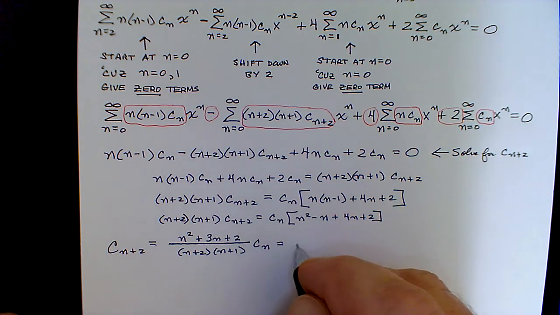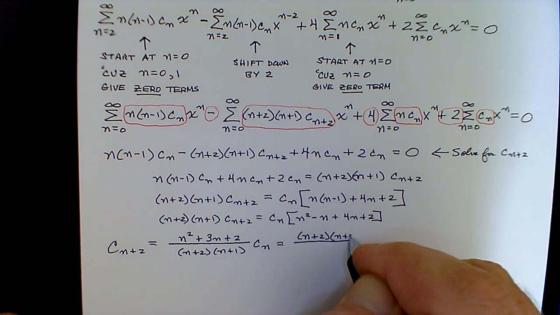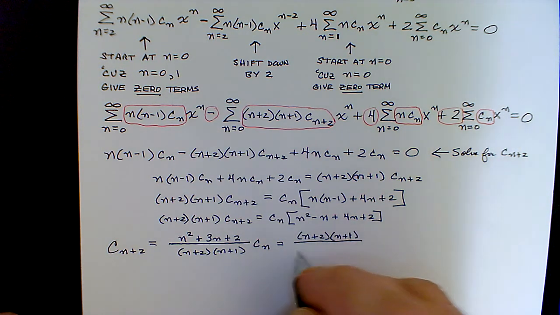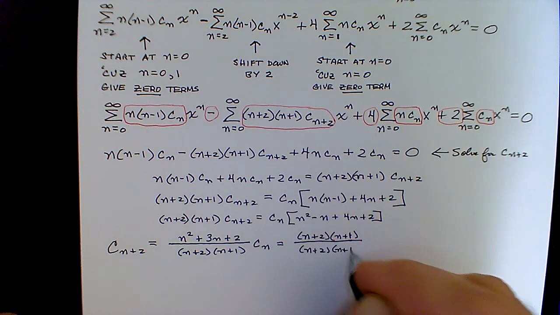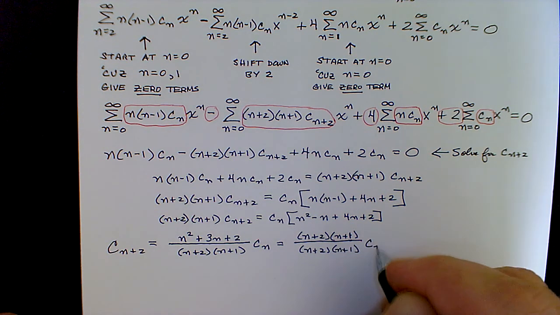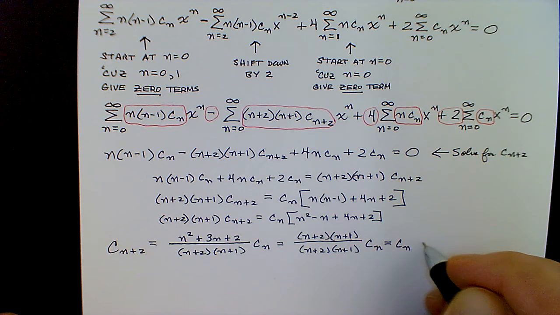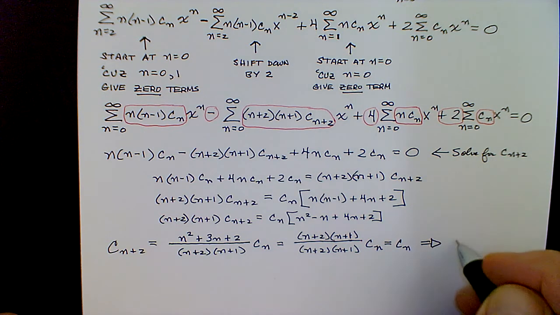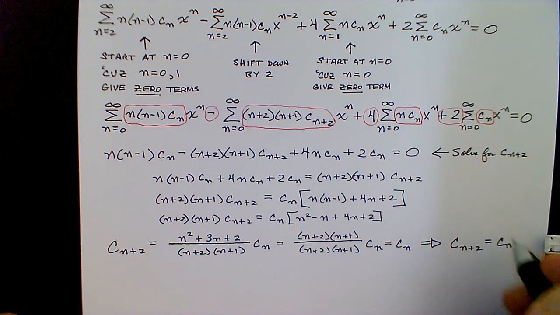And the numerator actually factors as n plus 2, n plus 1. And everything cancels, and we just get c sub n. So we've shown, here's the recurrence relation: c sub n plus 2 is c sub n.